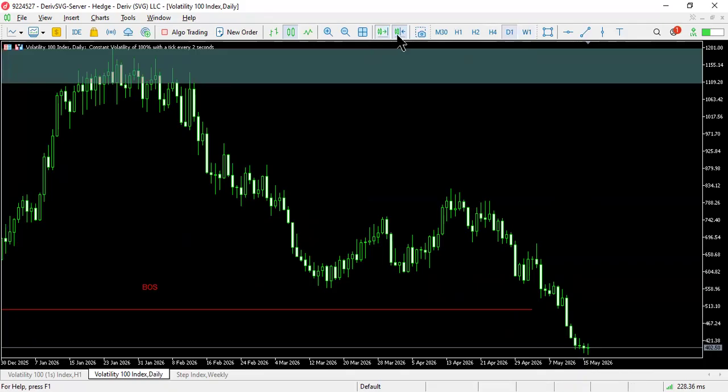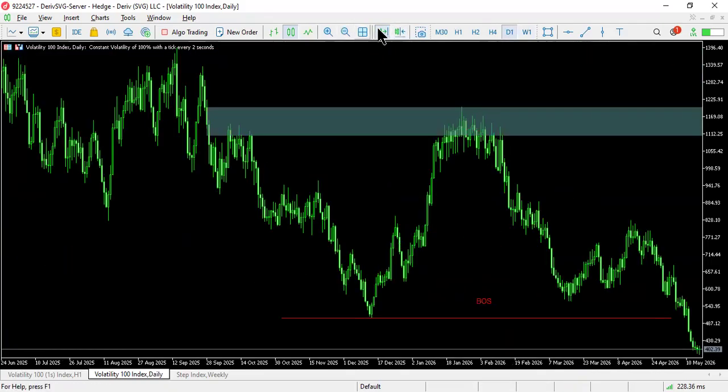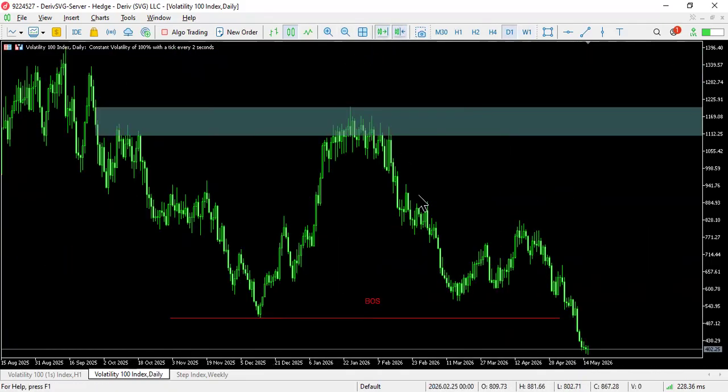Heading over to the daily time frame. So from the daily time frame, our break of structure is going to be at that level.